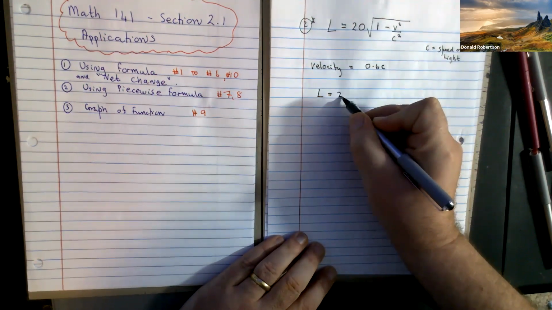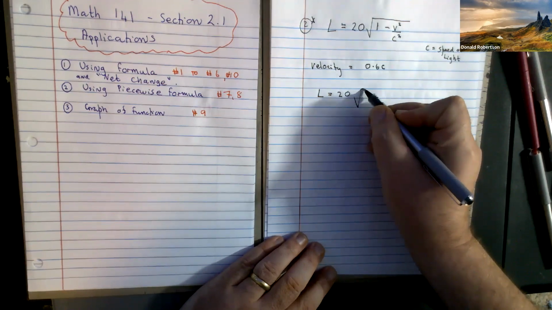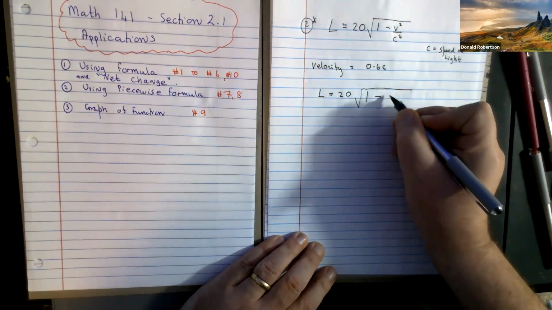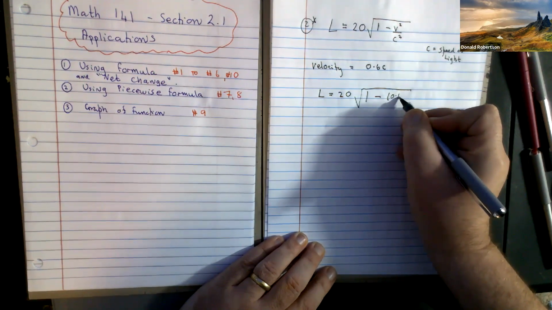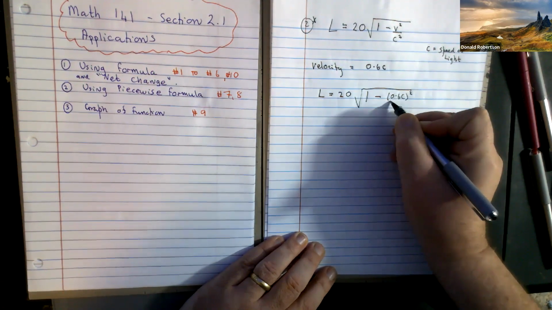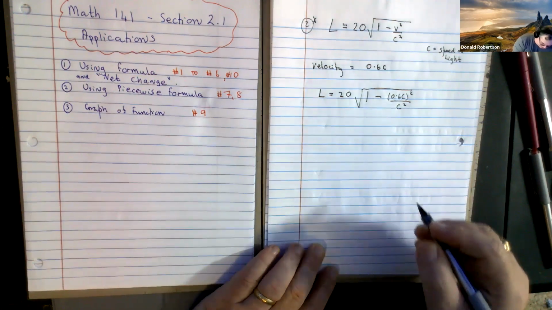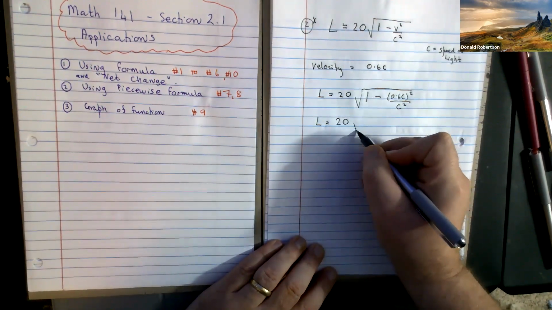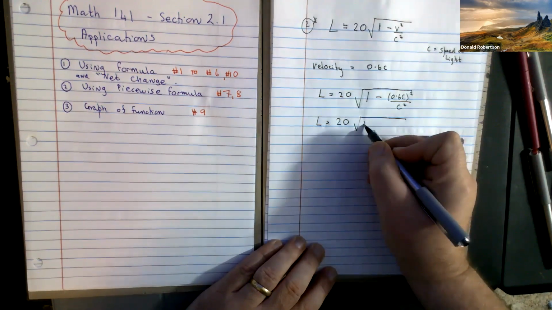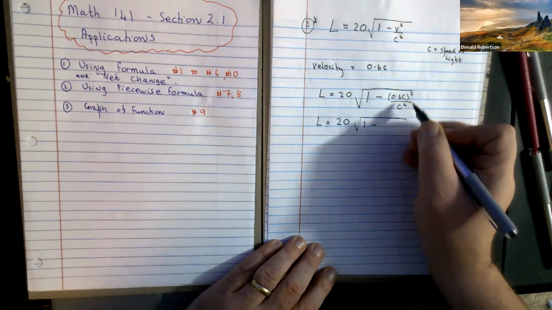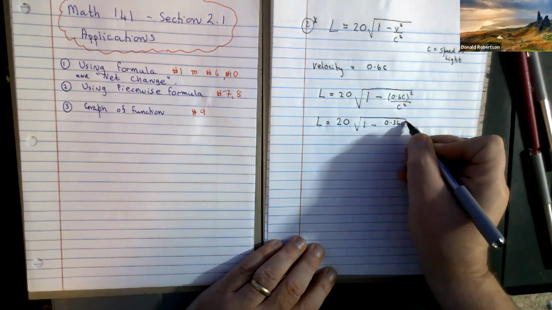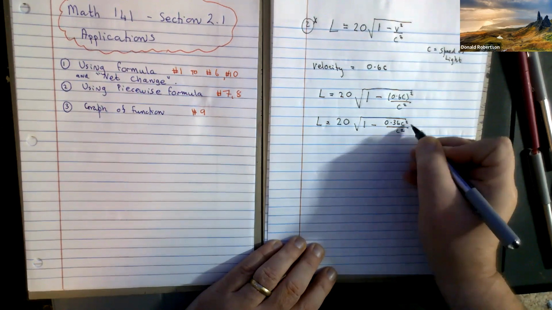Its length, you can't really do this any other way except as a single calculation. It's 20 times the square root of 1 take away 0.6 c squared all over c squared. 1 take away 0.6 times 0.6 is 0.36 c squared over c squared.